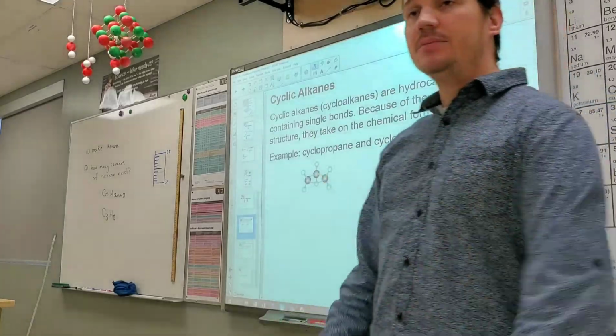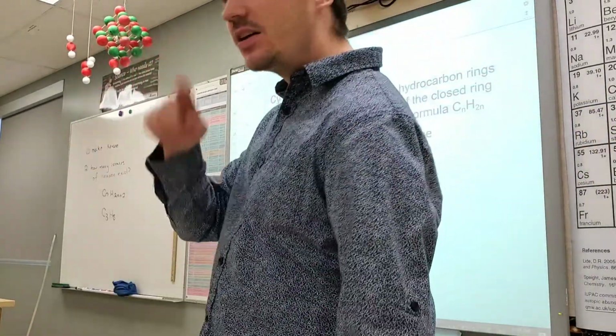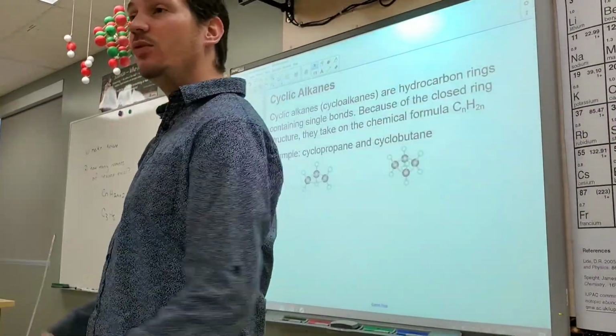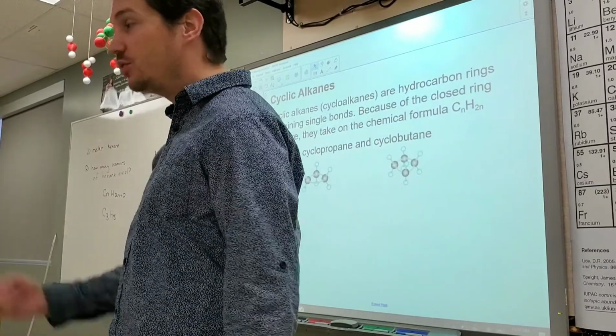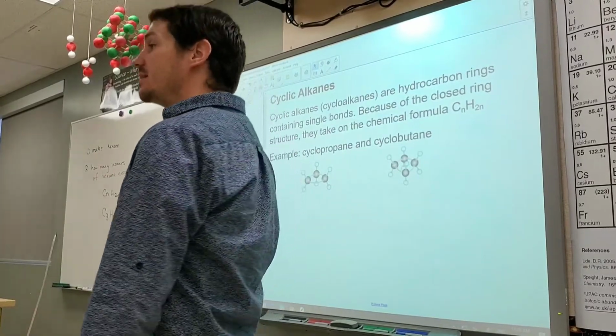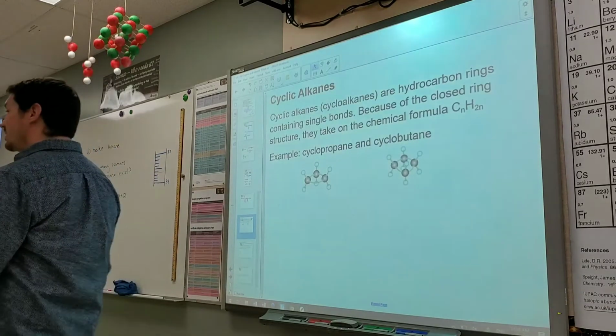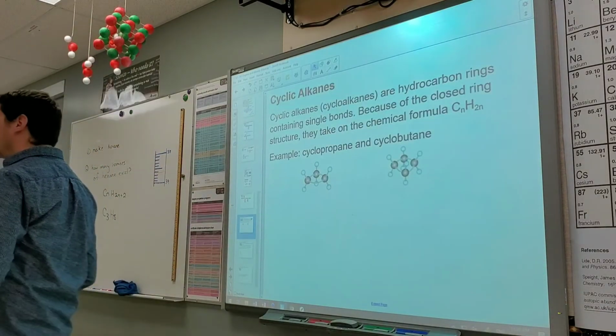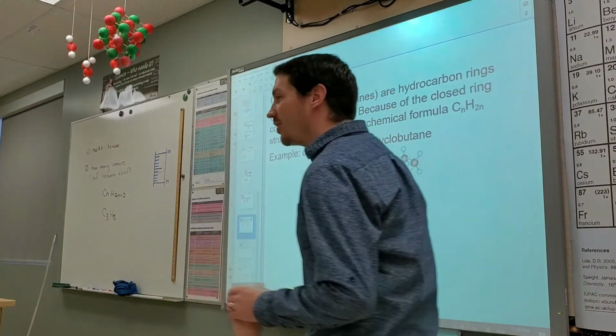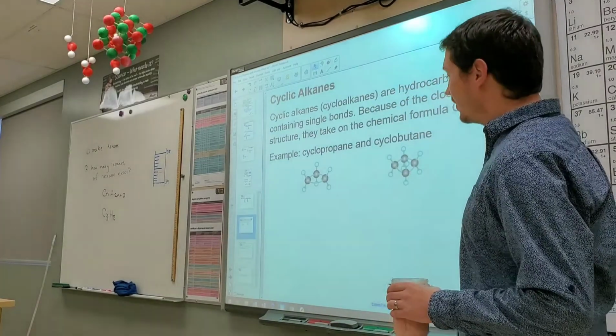Cyclic, what does that mean? A cycle, like a bicycle. What is a bicycle? 2 wheels. What is a unicycle? One wheel. What is a tricycle? 3 wheels. Good.